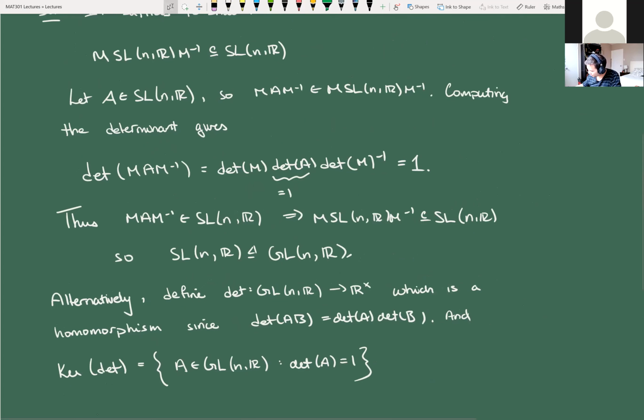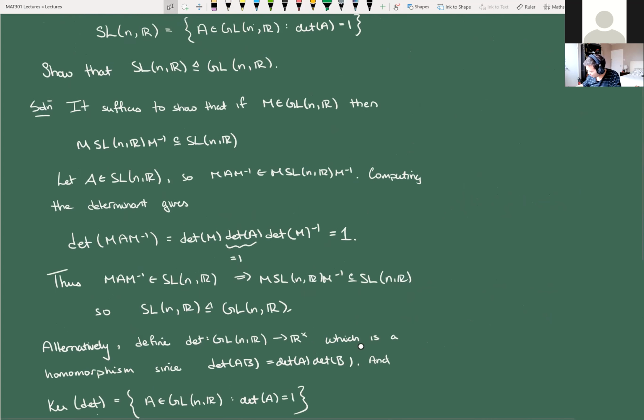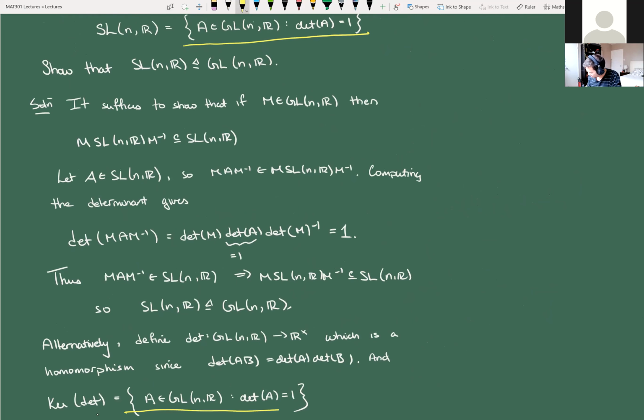I might have to zoom out a little bit. But this is exactly this, right? So the kernel of this map is SL_n and is therefore normal. Done.